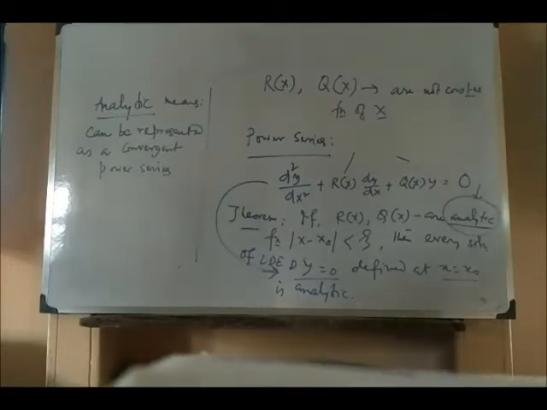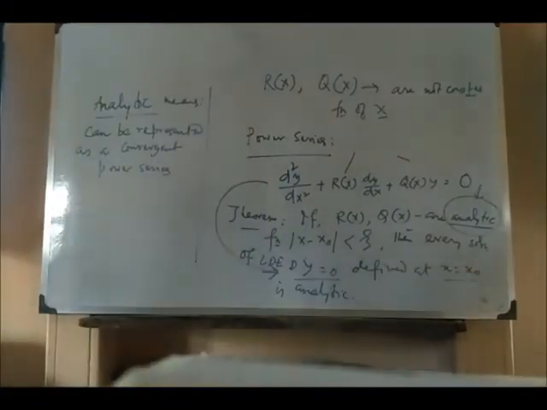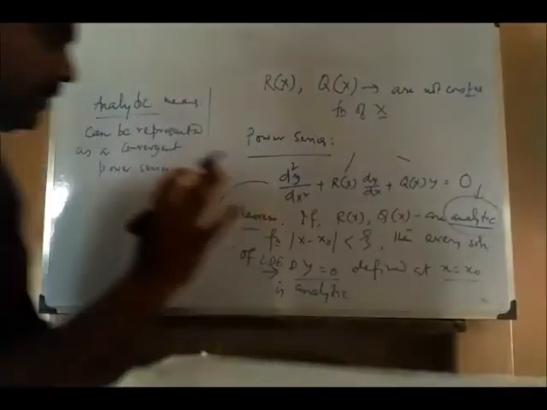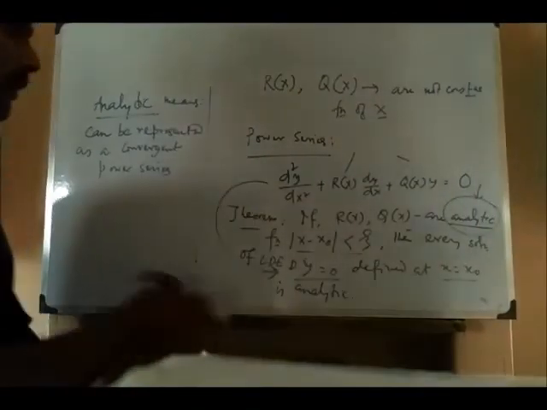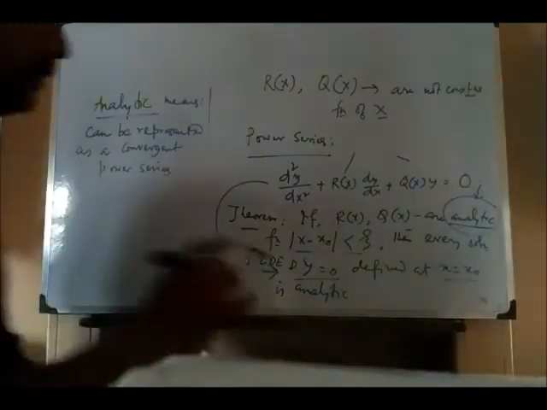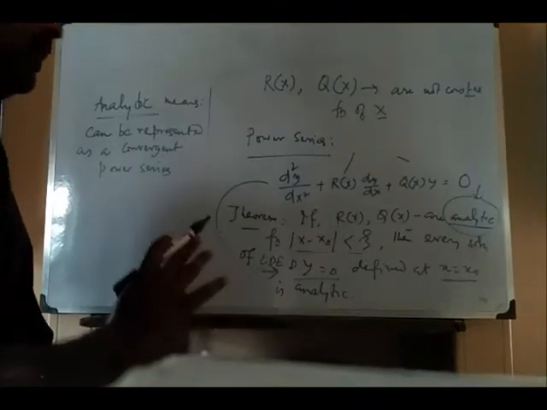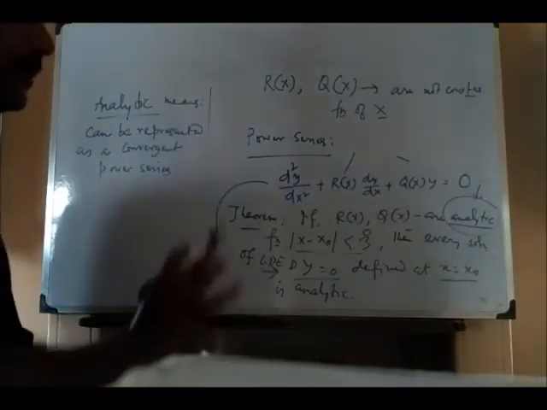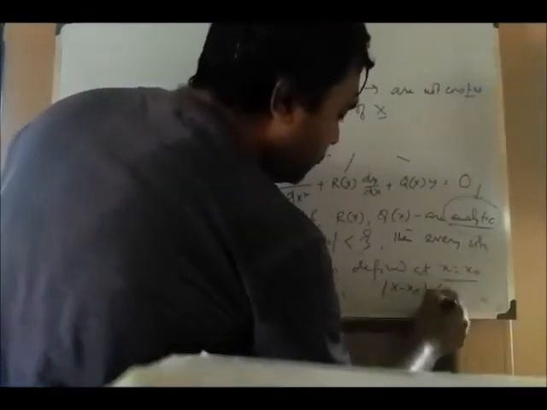Okay, so this is the meaning of analyticity of a function. Now, if R(x) and Q(x) are analytic functions within this interval, then every solution of that linear differential equation defined at this point is analytic, and this analyticity of every solution exists at least within this domain, the absolute value of x minus x0 less than xi.